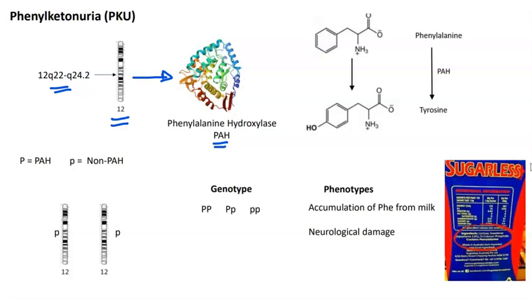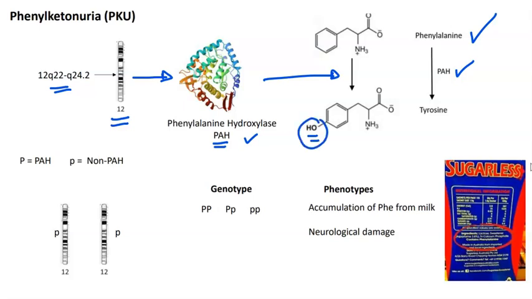And the function of PAH as an enzyme is that it will catalyze the addition of the hydroxyl group to the amino acid which is known as phenylalanine. So the phenylalanine would be obtained through the diet, and then the expression of the normal functioning gene would give rise to the phenylalanine hydroxylase enzyme, PAH for short.